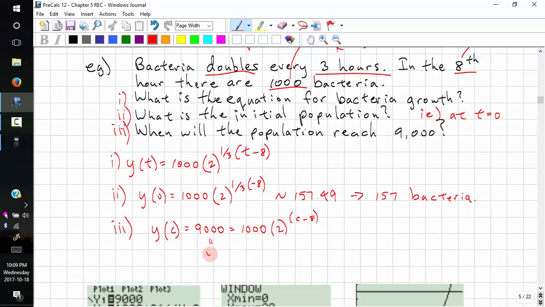And we'll have Y1 on the calculator here and Y2 on the calculator here. So on the calculator, we use intersect when we have Y1 and Y2.